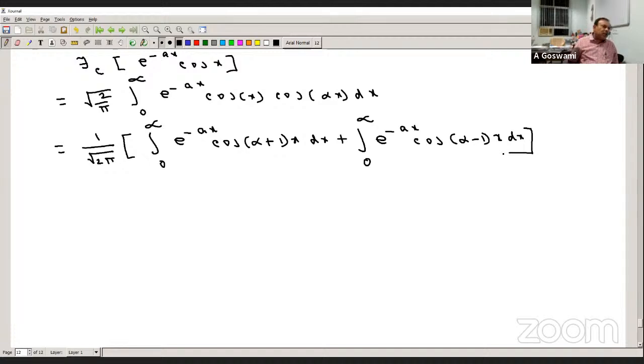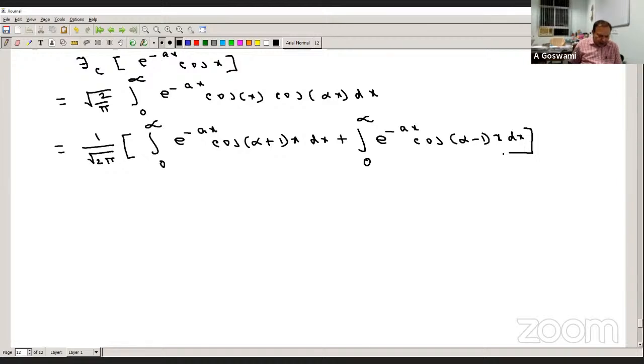Now, in both cases I have to evaluate the integral.